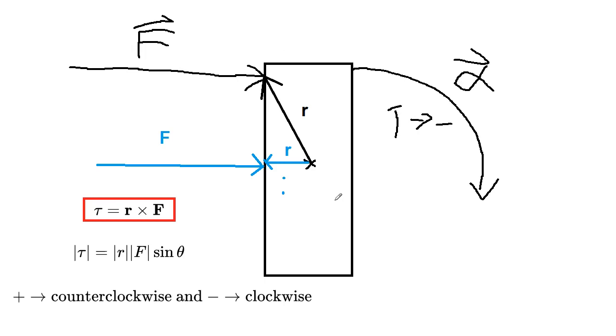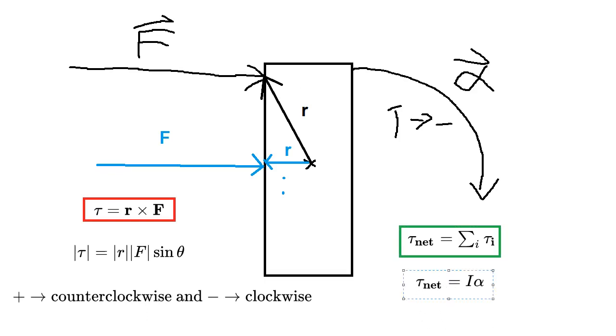Now, this type of thing behaves very similar to a force. If we have multiple torques, we can add them all together to find a net or total torque, just like we could do with forces. And this total or net torque is related directly to the angular acceleration, much like how the net force was related to the regular acceleration.